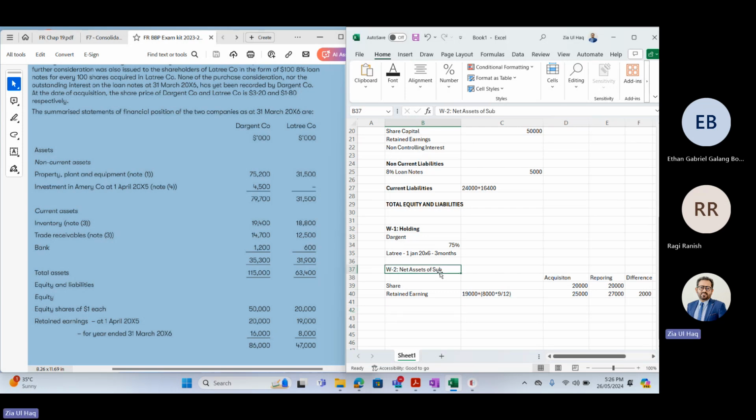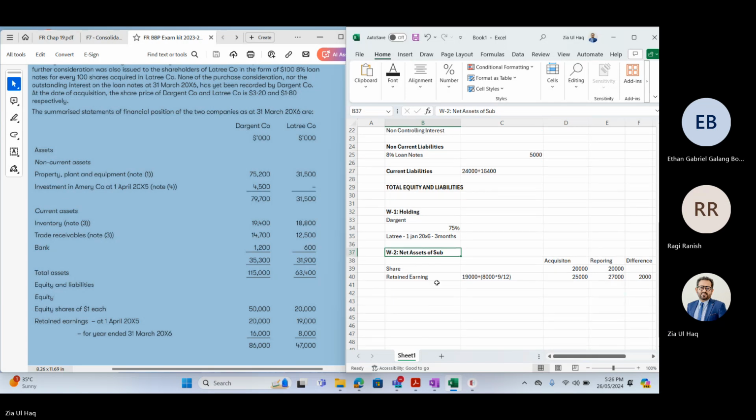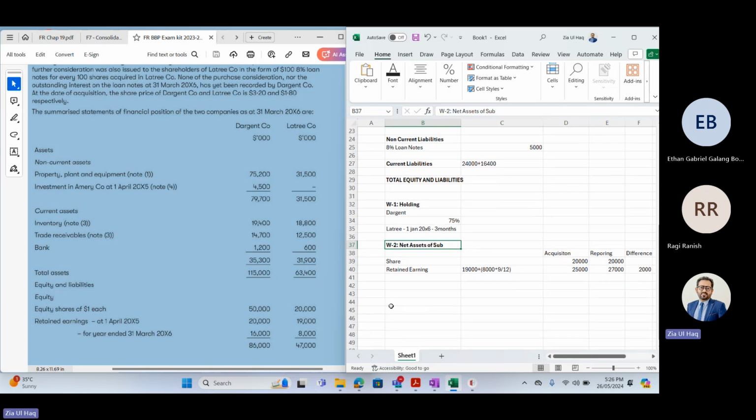Okay, let's move towards working 3. What's the next working? Normally, goodwill. So working 3, that is of goodwill. And in goodwill, we need to record first the consideration paid.